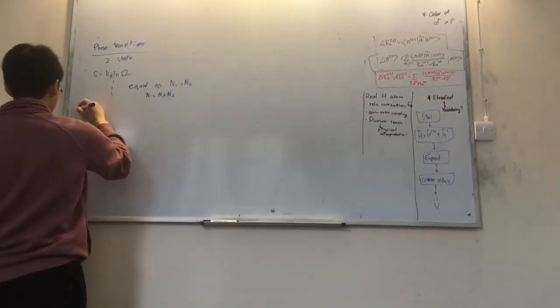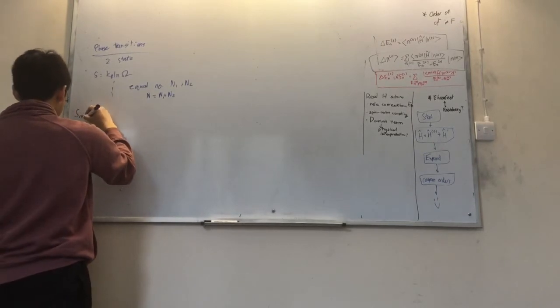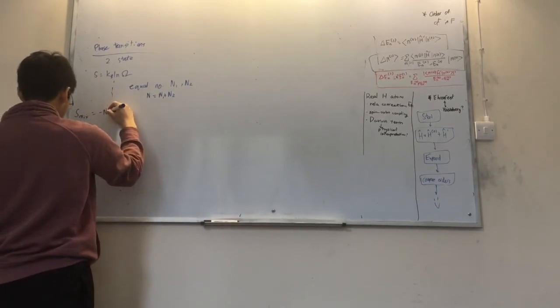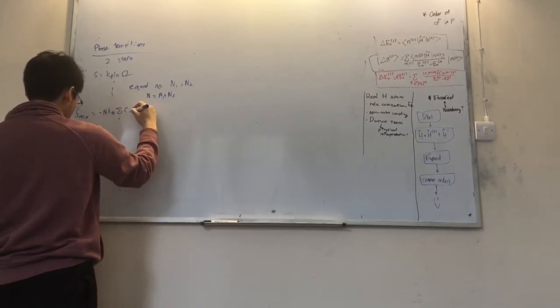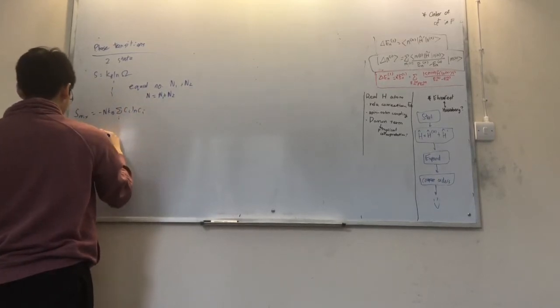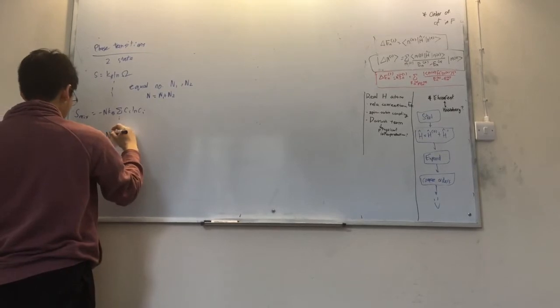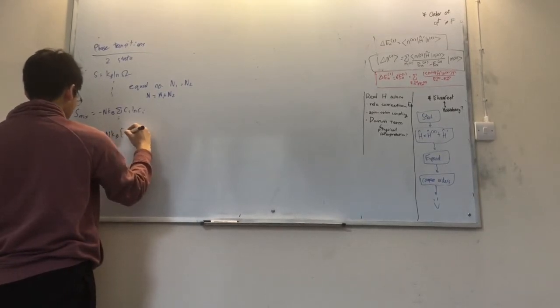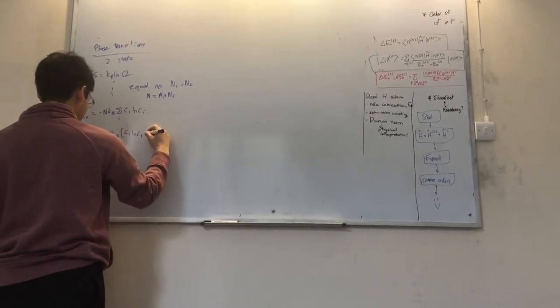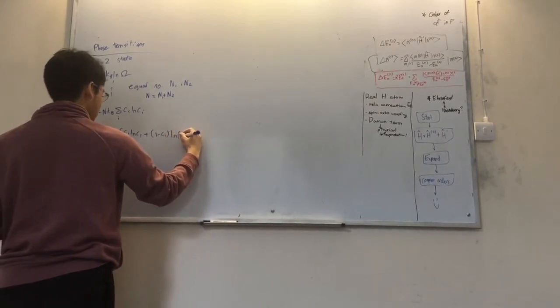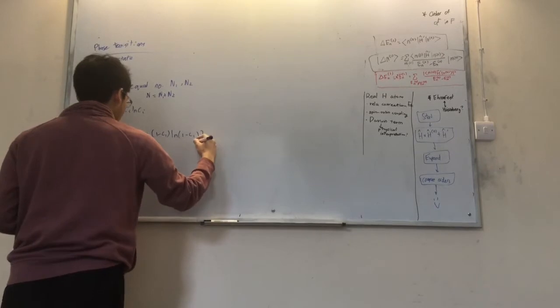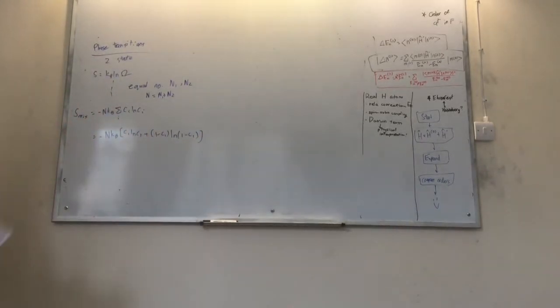Then we can derive the mixing entropy: n kB sigma over i of ci ln ci, which is negative n kB [c1 ln c1 plus (1 minus c1) ln (1 minus c1)], where c1 is the concentration of the first species.